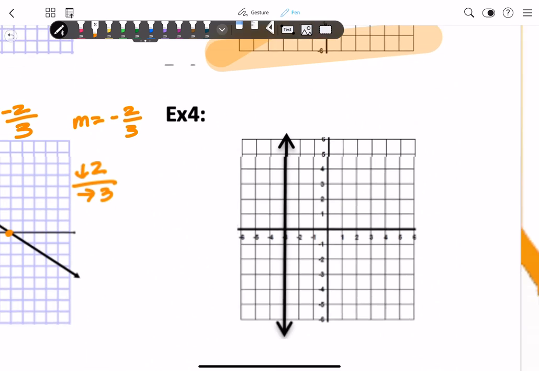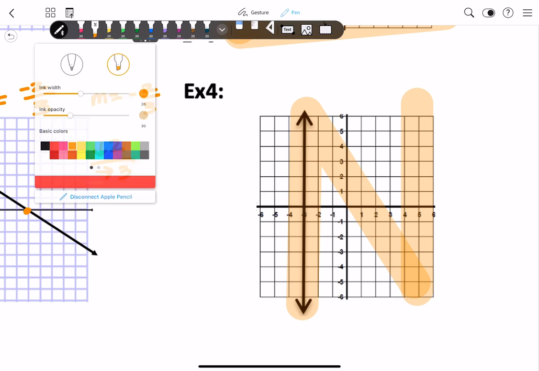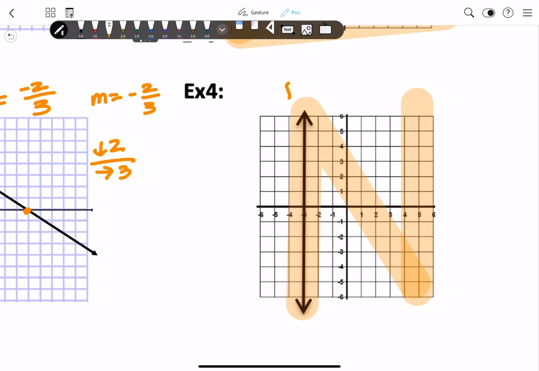And the cool thing about this one is for your undefined, which is this one, or your no slope, which is the same thing, you can make a no, meaning it's got no slope. You can also write undefined. Either way would be correct for a graph.